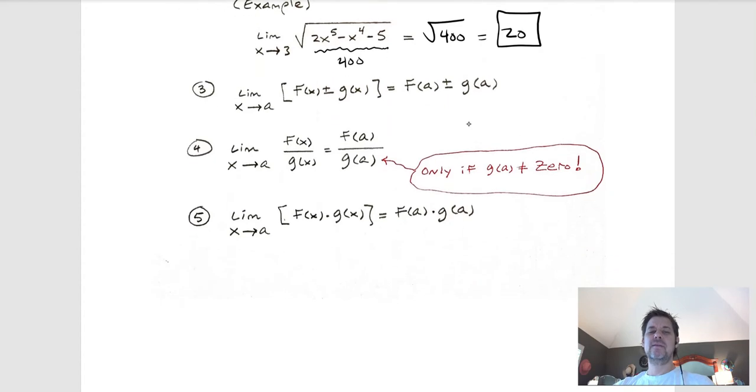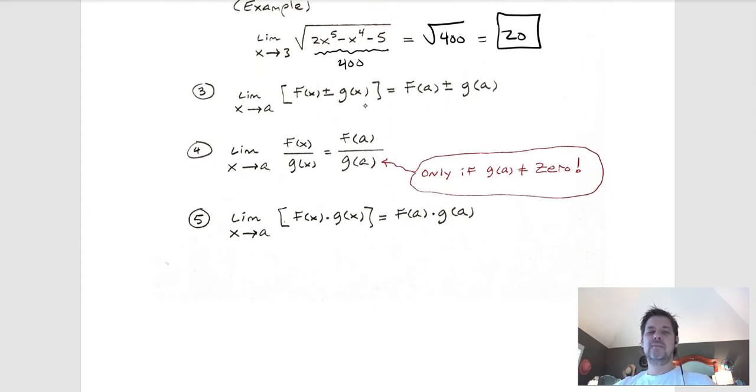Now these last 3 rules tell us that if I know these individual limits, say I know what happens to f of x as x approaches a by itself, like if it was its own problem, and I know what happens to some other function g of x, some other formula, some other problem that has an answer, then all this says is that I could answer such a question if it was one formula plus or minus another by plugging in the number x approaches. So without overanalyzing it, that's what I'll say.